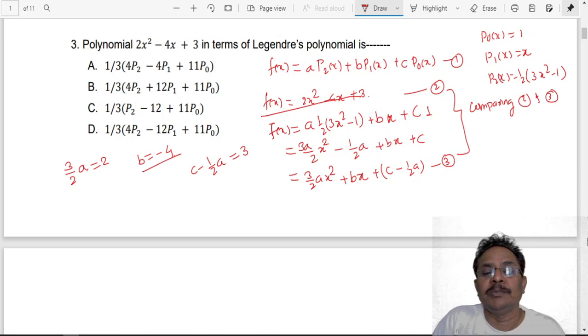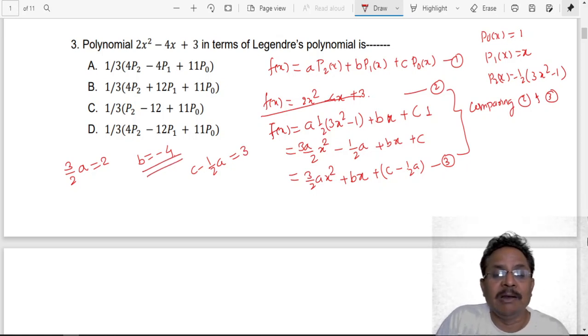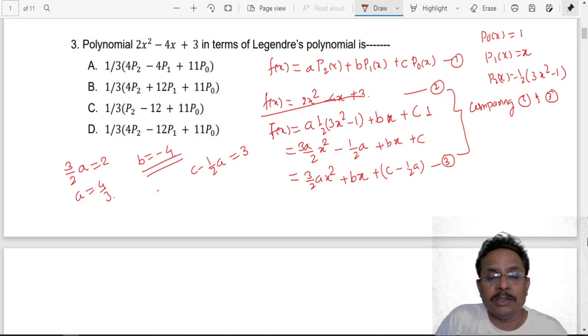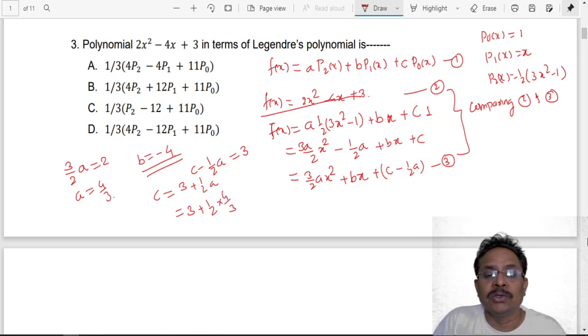So out of that I got simply b is equal to minus 4. From that I'll get a is equal to 4 by 3. Then replace the value of a there, so c is equal to 3 plus 1 by 2 times a, substituting a is equal to 4 upon 3, so this becomes 3 plus 2 by 3, and adjusting this I'll get 3 into 3 is 9 plus 2 is 11 upon 3.